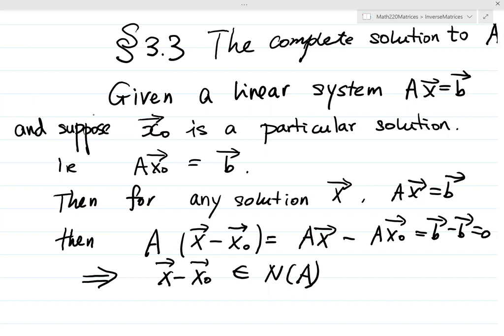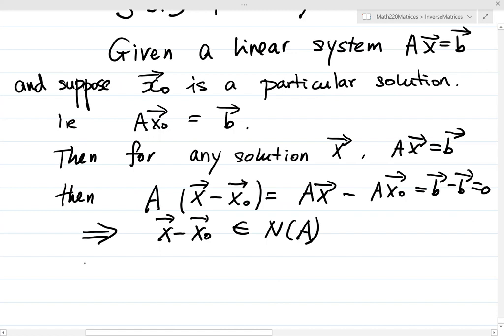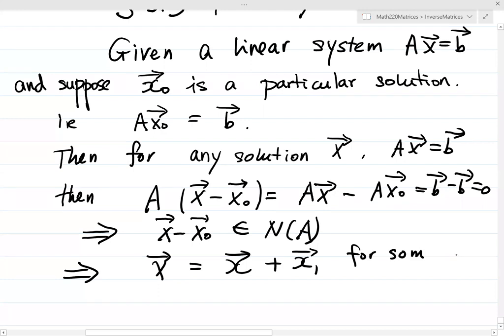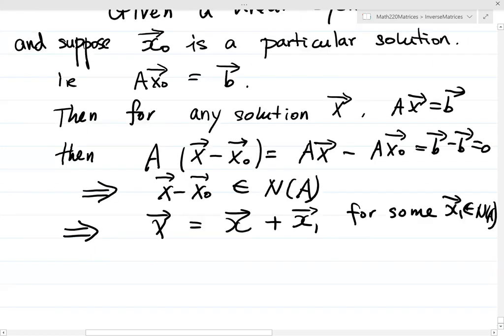So we can write down any general solution as x0 plus a vector x1 for some x1 in the null space of A. Now the question is how do we find the solution x0, whether it exists or not?